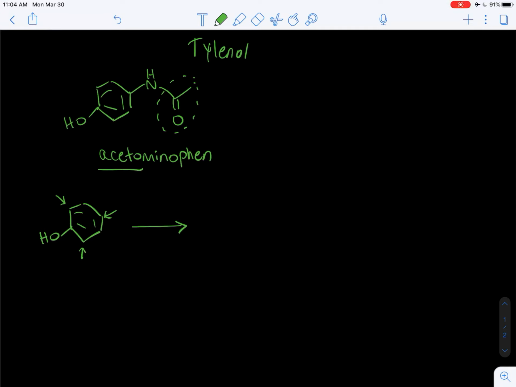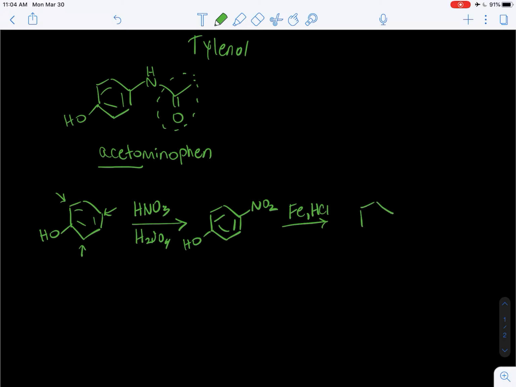And so to install a nitrogen at the para position, you would need to use nitric acid and sulfuric acid, and this would install the nitro group. Now from here, you would reduce this using iron and hydrochloric acid, or HCl, and this would give you the amine, okay, or the aniline functional group.